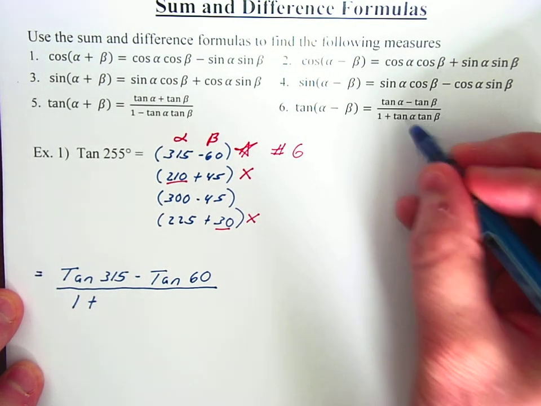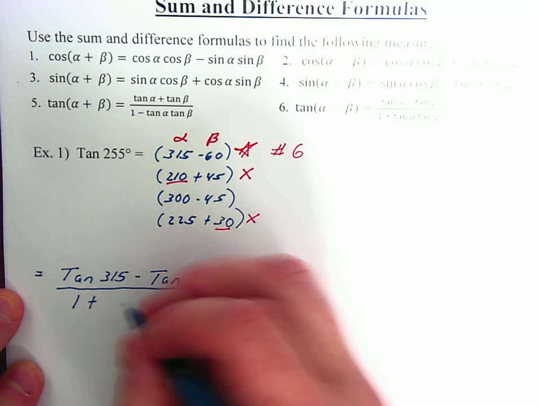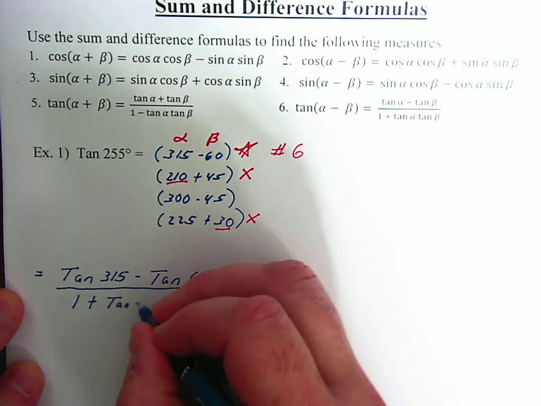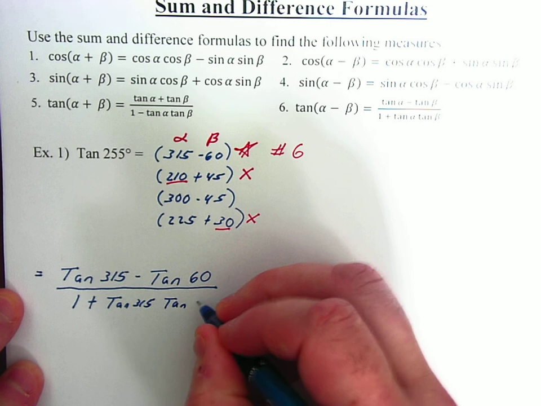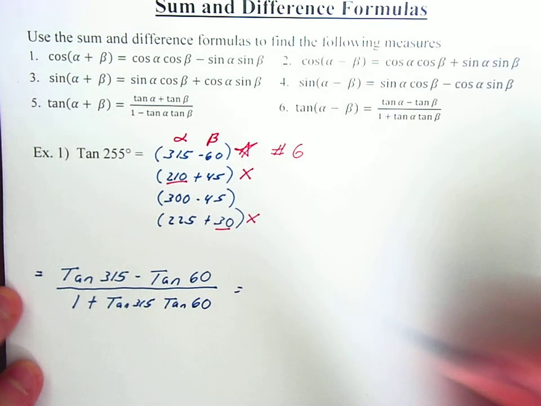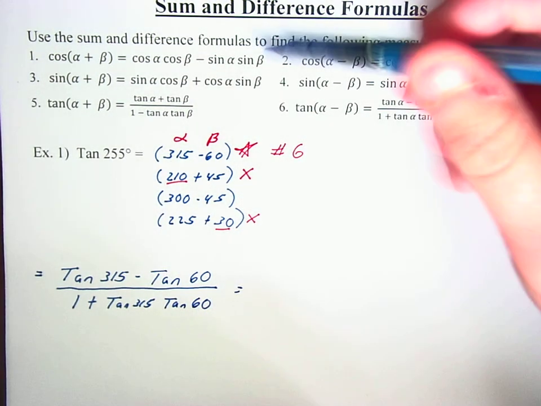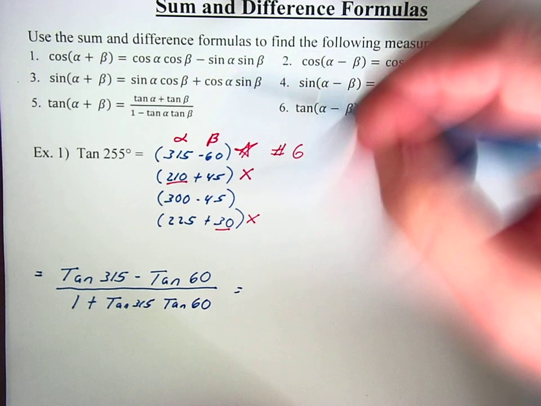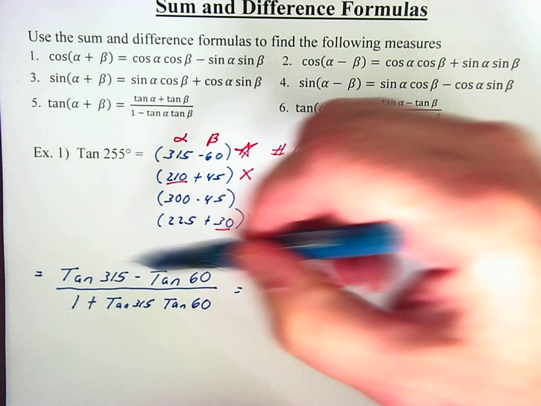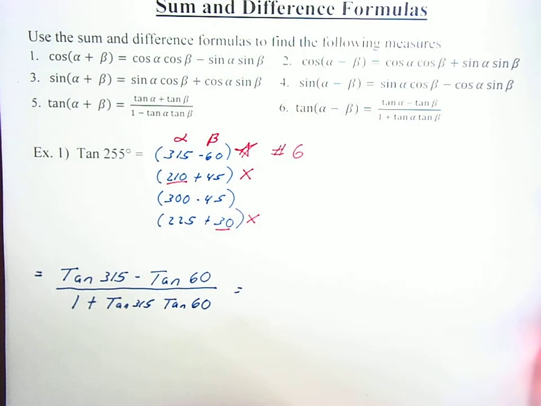That means you're going to be multiplying those same two values together. So tangent of 315 times the tangent of 60. So unlike sine and cosine, where you had to find sine and cosine of two different angles, so 4 different things, you're only finding 2 things here. You're finding the tangent of 315 and the tangent of 60.